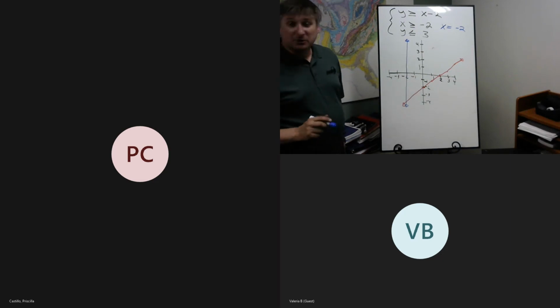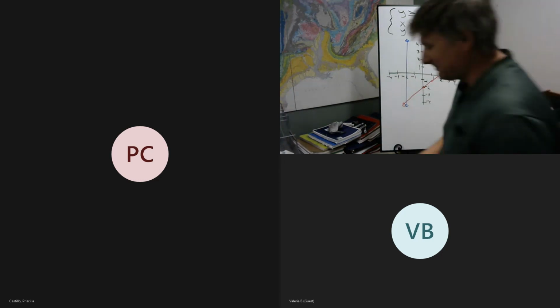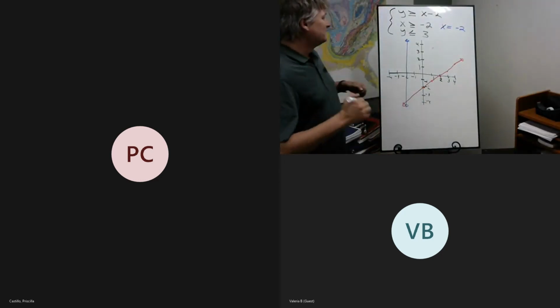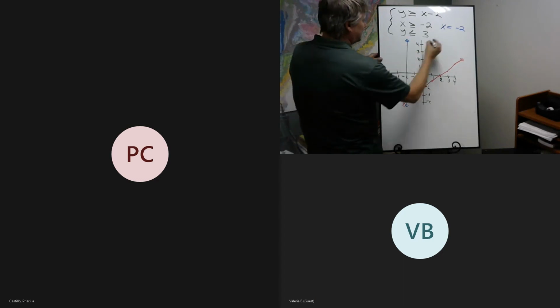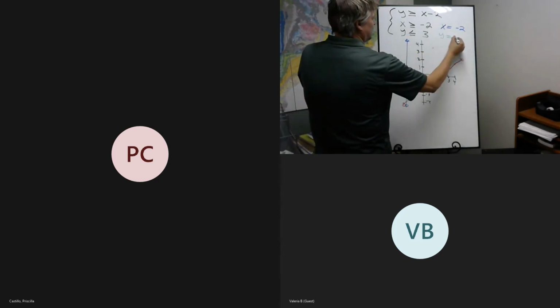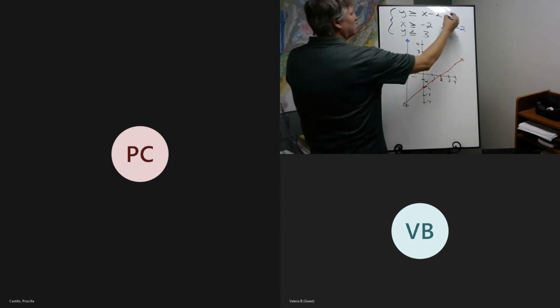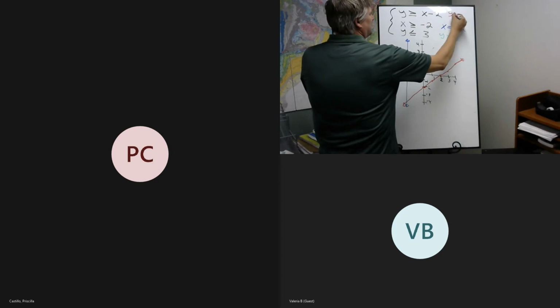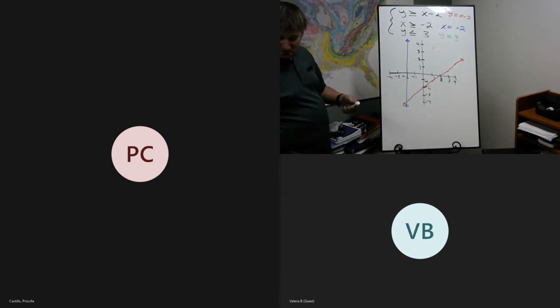Let me see, I think I have a green pen here. Hold on 1 second. Yes, I do. So y less than or equal to 3, we're going to treat it like it's y equals 3. We treated this as y equals x minus 2.